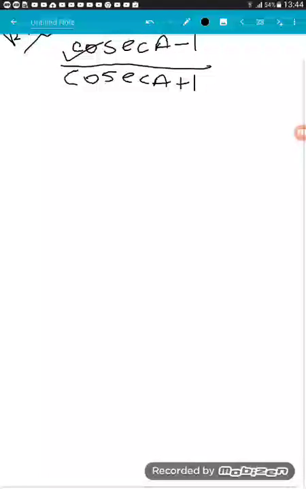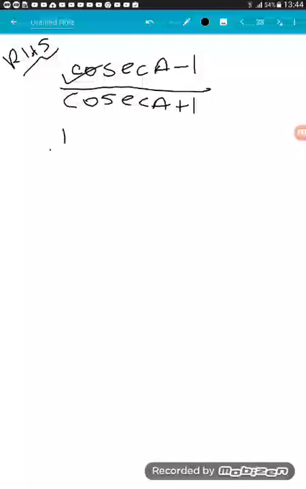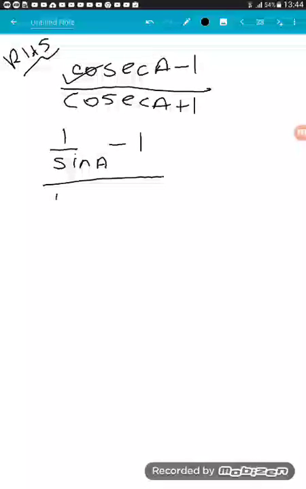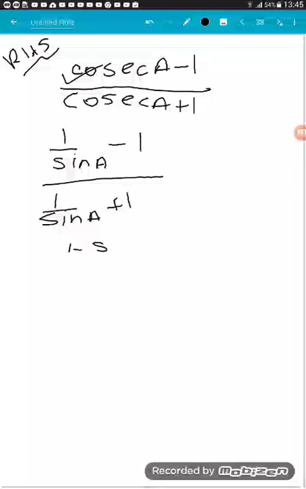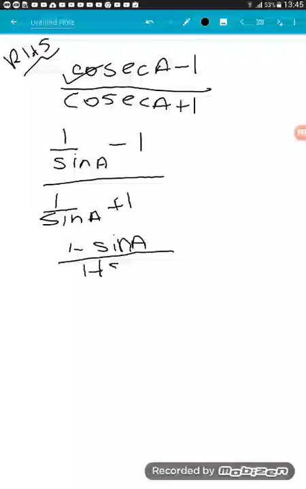Cosec A we can write as 1 by sin A. One minus sin A by one plus sin A, after taking the LCM.